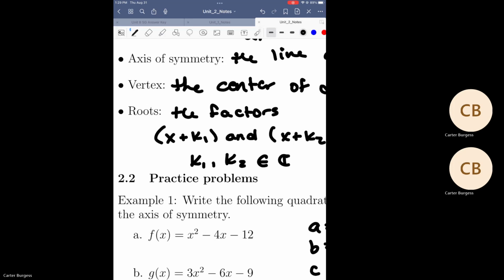Your process is pretty much the same across the board, but just tuck away in the back of your head: the x-intercept or x-intercepts are going to be points. The zeros are going to be some value of x. And then the root is this weird piece of our equation here, this x plus some 0, or the negative of some 0.